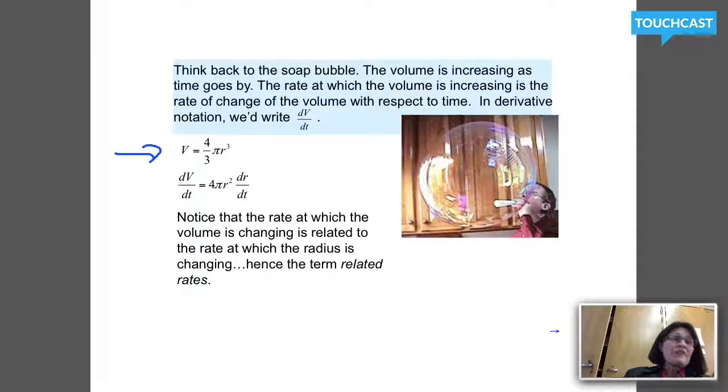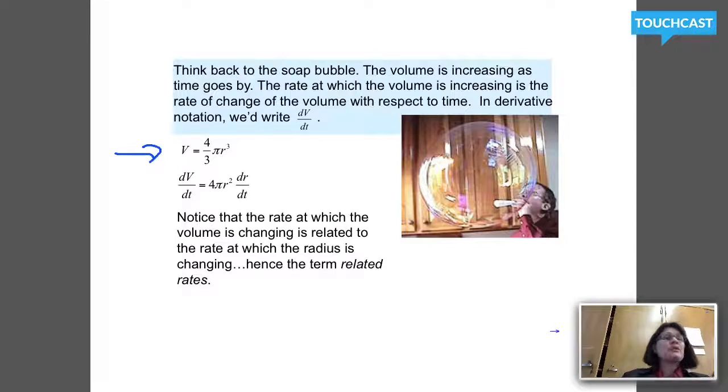When we want to find the rate of change of the volume with respect to time, that means I'm going to need to take the derivative of both sides of this equation with respect to time. And I have that implicit differentiation problem, which is I need to take the derivative of 4/3 pi r cubed with respect to a variable that is not r.